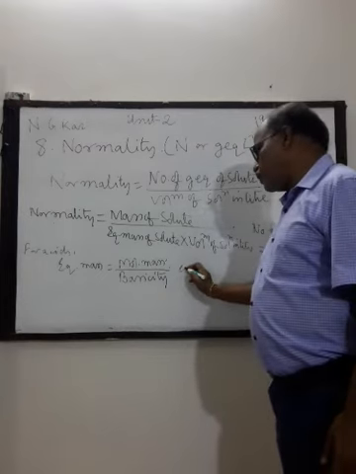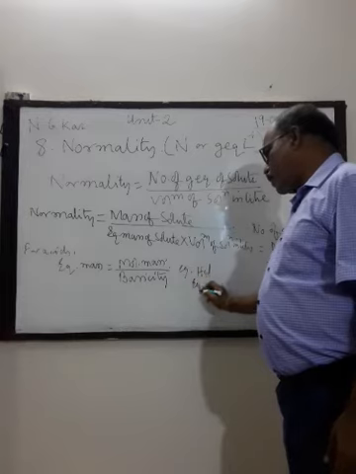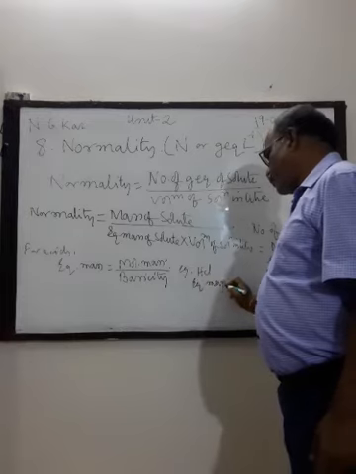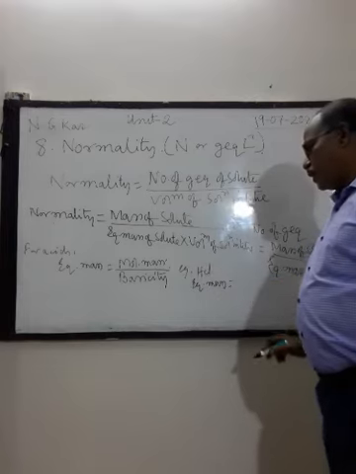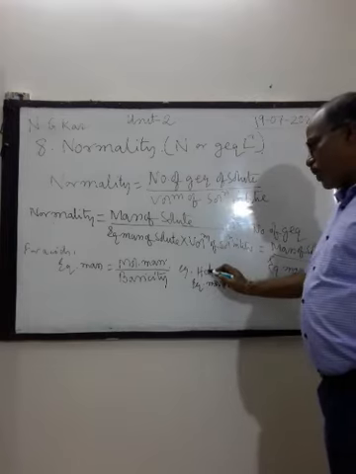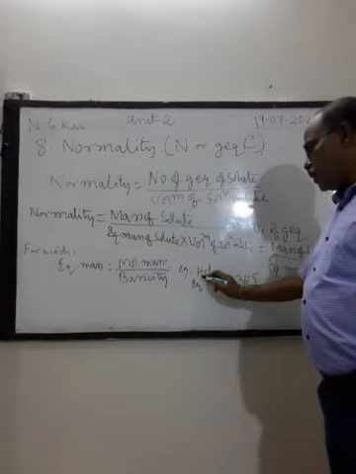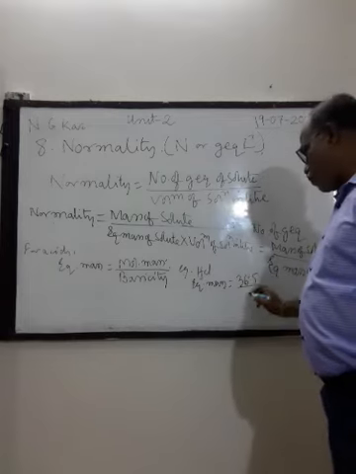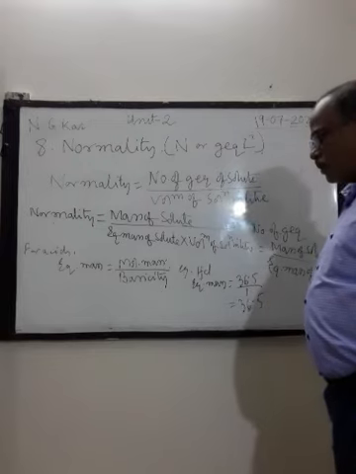For example, say HCl, where molar mass of HCl is 35.5 plus 1, so 36.5. And basicity means number of replaceable hydrogen, equal to 1. So equivalent mass is 36.5.